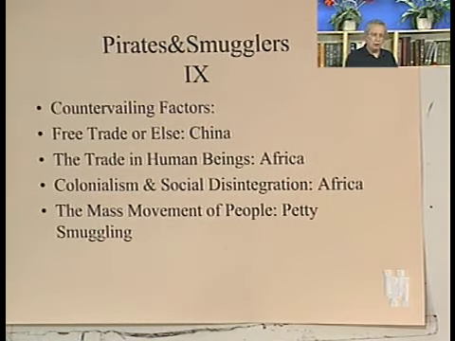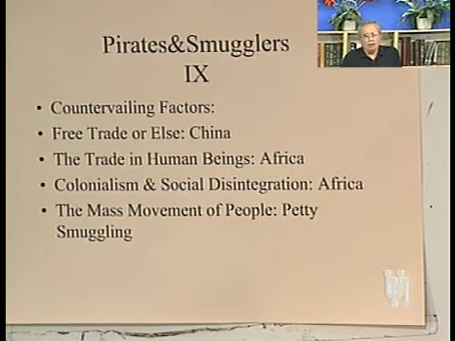A second case where smuggling remains significant is the smuggling of human beings and slavery in Africa. We will see that this remains a problem through most of the 19th century, although here there is a dramatic decrease in problems resulting from the slave trade during the 19th century.